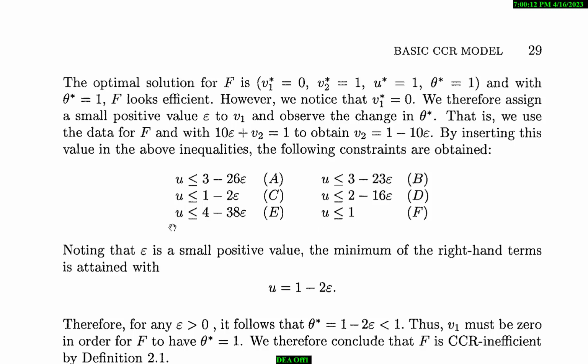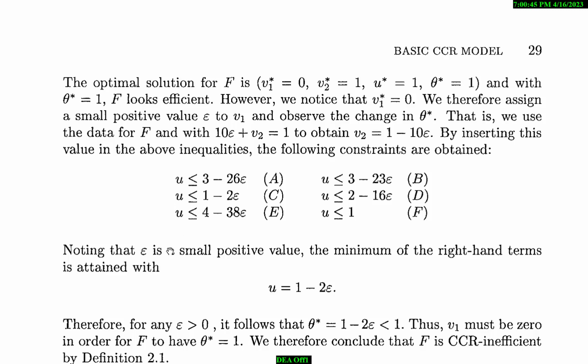So we want to find the maximum value of u under these upper bounds. The biggest value of u with these conditions is the optimal value of theta star.